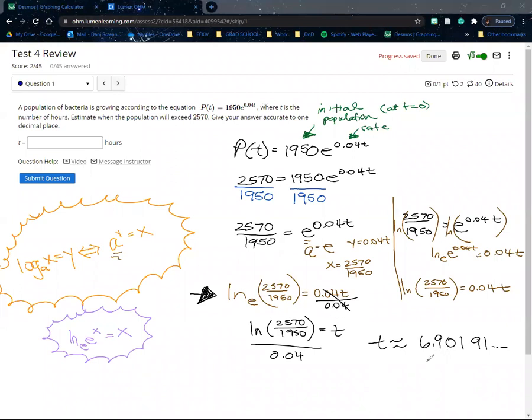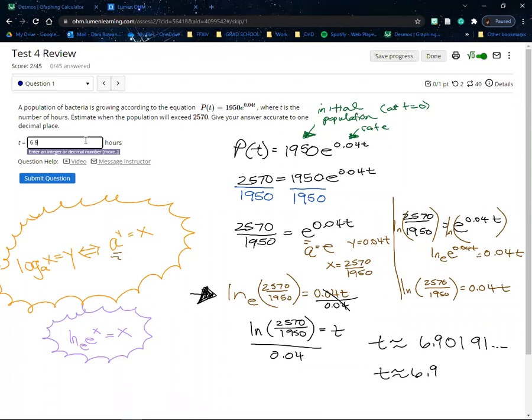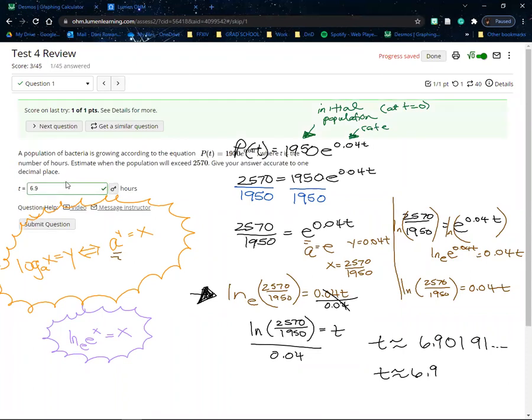So 1 decimal place, so approximately 6.9. Okay. And if we test that, there you go. Any questions about this question? Or how it works?